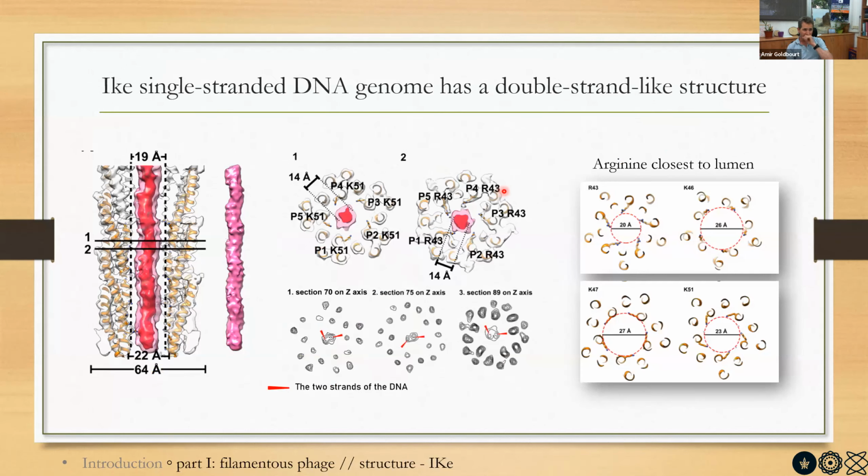These are some more pictures from the cryo-EM, and the interesting thing is you can actually see the DNA inside. I think this is the first time the single-stranded DNA is directly detected.